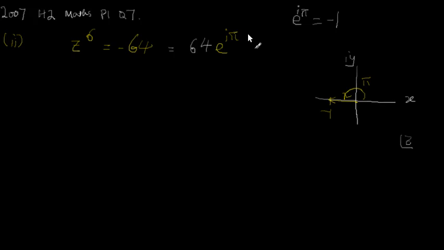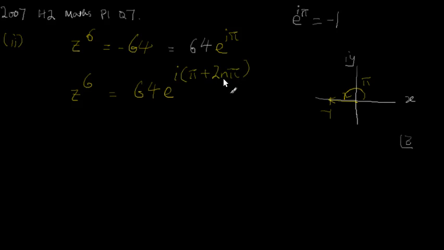But if I just take the 6th root of this directly, I'll just get one answer. So what I need to do is to put this in another form, to write this as e to the power of i pi plus 2n pi.